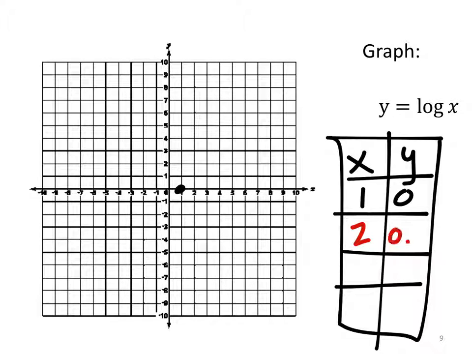Now this is rounding. Again, I'm just using the calculator on this. 2 and 0.3. Not very much. Let's take this to the extreme and make that a 10. Log of 10, which is 1. Right there. So that gives us this portion of the line.